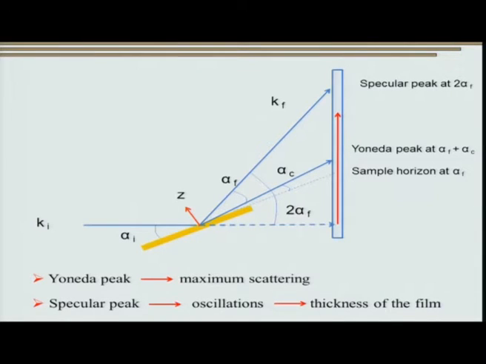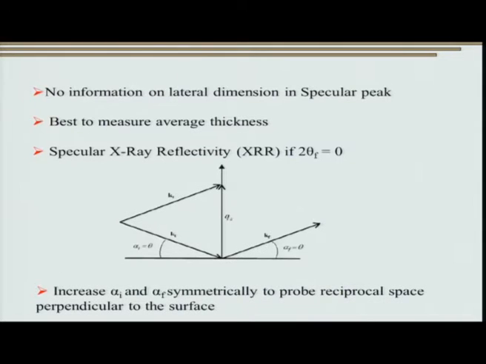I will talk about it in detail in the next slide, but what I want you to remember is that the specular as well as the Yoneda peak, which show diffraction in the z direction, give you a lot of information in a direction perpendicular to the substrate of the film. Okay.